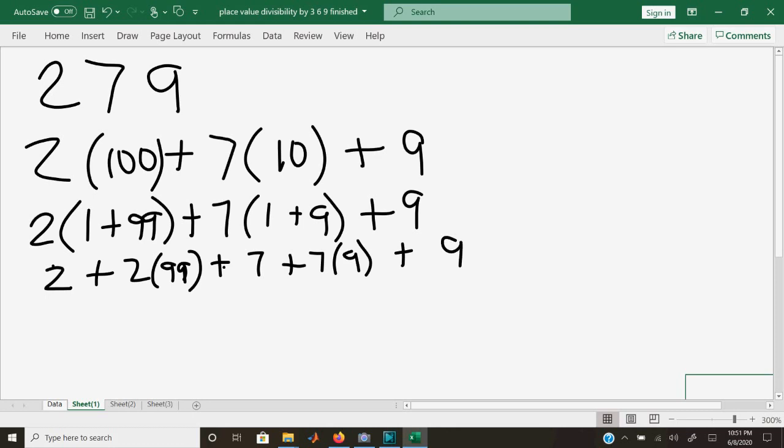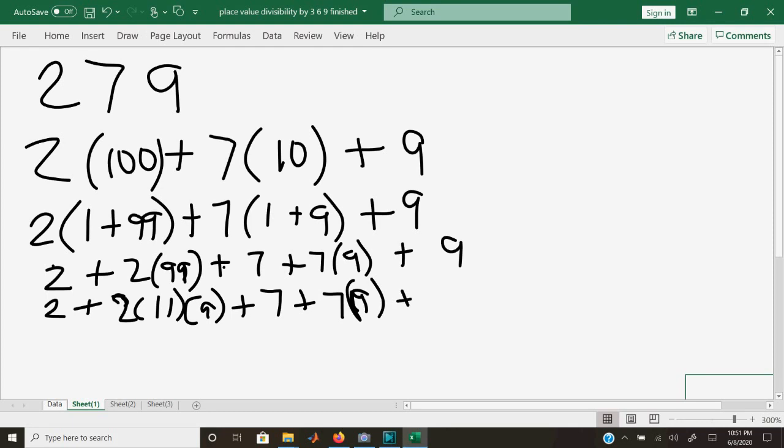So I look at that, and now I'm going to clarify that even a little bit more. I have 2 plus 2 times 11 times 9. I'm going to call my 99 11 times 9, plus 7 times 9, plus my 9.